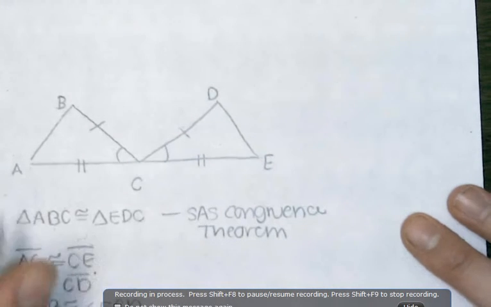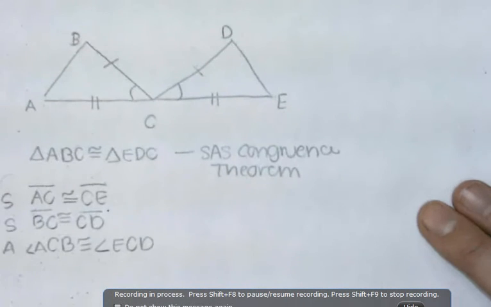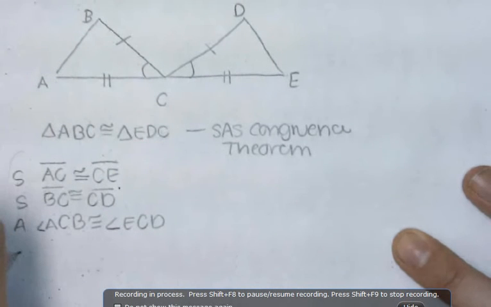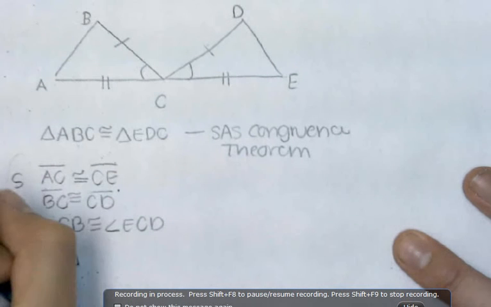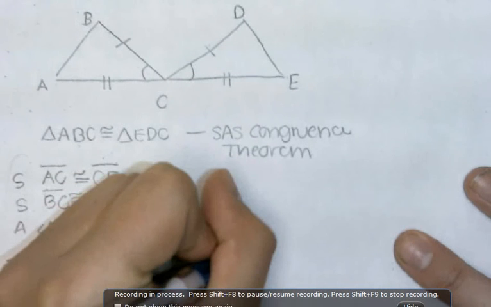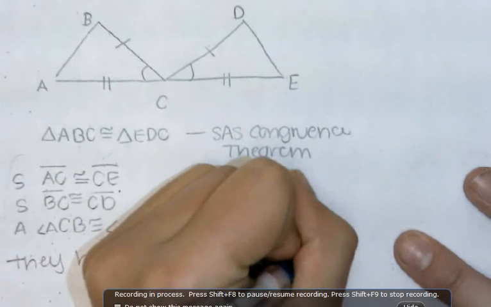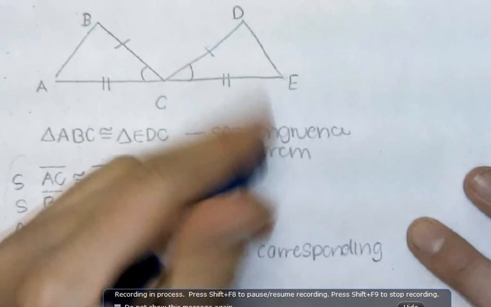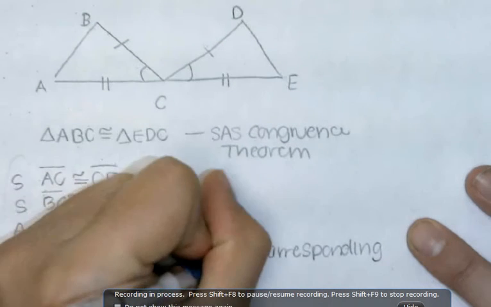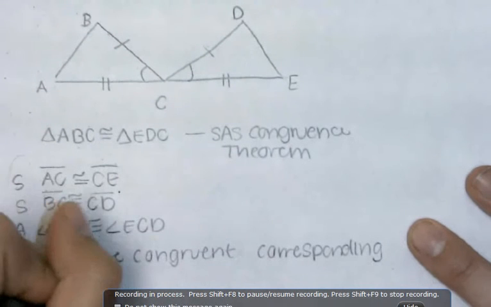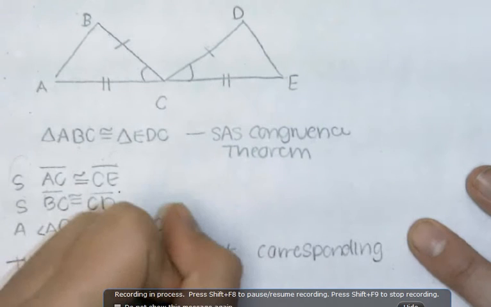So then I would say they have congruent corresponding sides because they are congruent triangles.